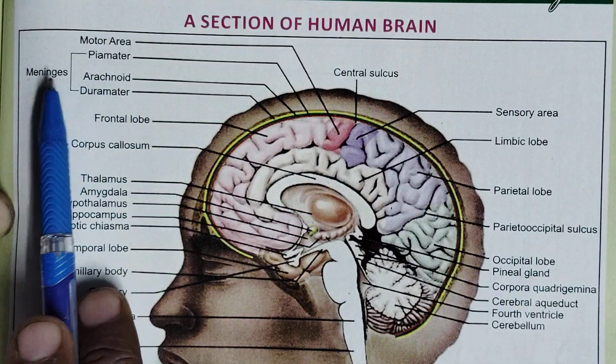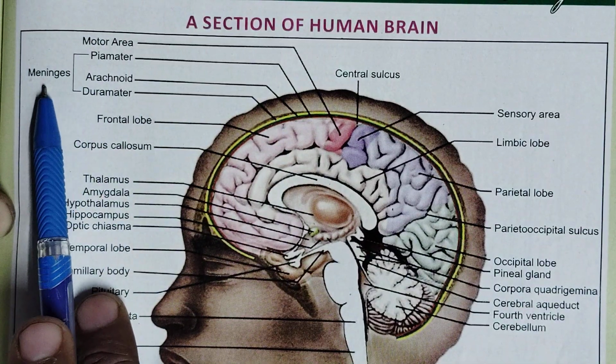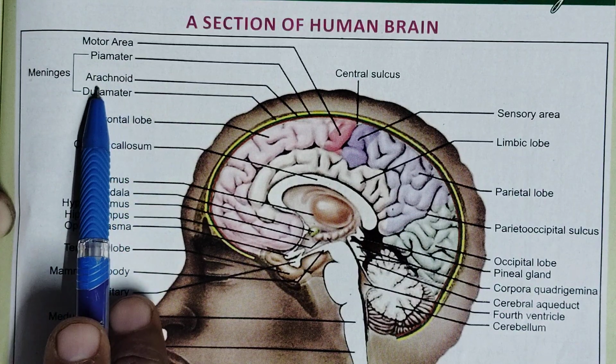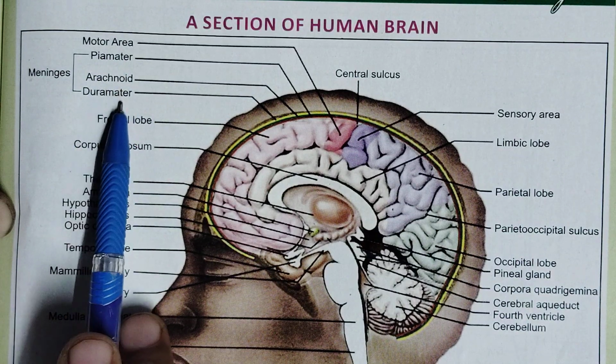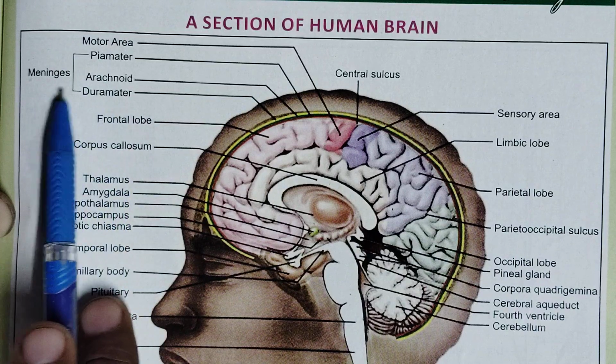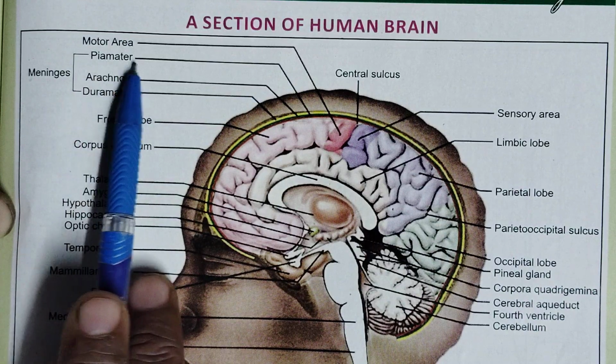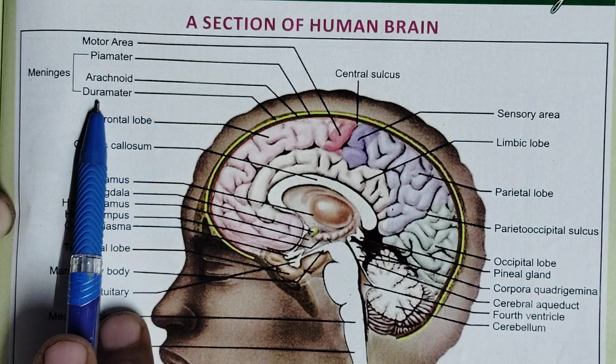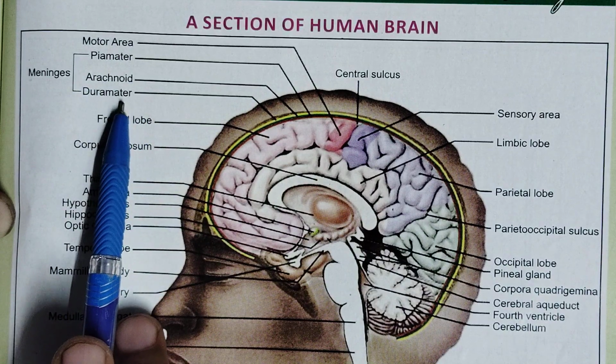Next is the meninges. Meninges have three parts: pia mater, arachnoid, and dura mater.